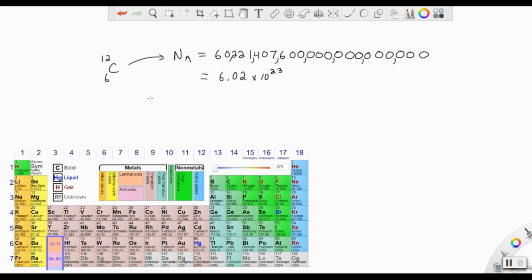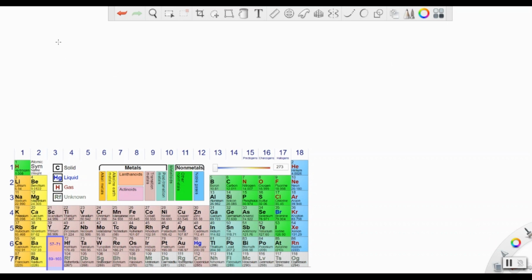And it doesn't have to be atoms. Now we can address moles in any other context. So we could say, I have 1 mole of hydrogen atoms. And then that would mean I have 6.02 times 10 to the 23 hydrogen atoms.